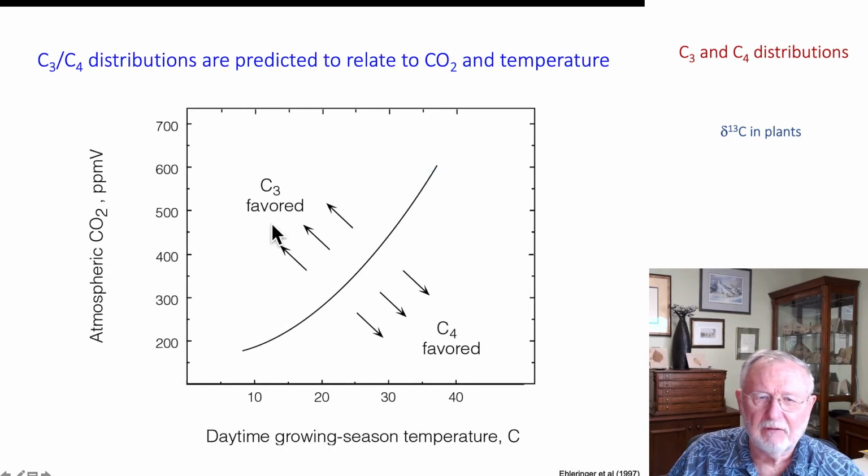So effectively, we can say, over a range of CO2 concentrations and over a range of growing season daytime temperatures, we have a space in which C4 plants are favored, that is low CO2, warmer temperatures, or a space in which C3 plants are favored, that is cooler temperatures, higher CO2 concentrations. This graphic allows us to make a prediction as to the distribution of C3 and C4 taxa.